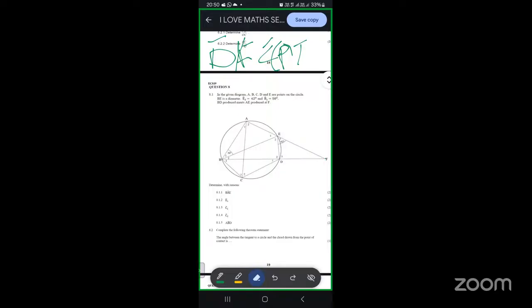B, E, C, D. You're saying B, E, and these ones? Yes, sir. Why are you saying they are parallel? Is there any reason behind that statement?